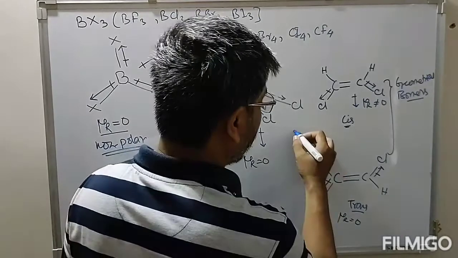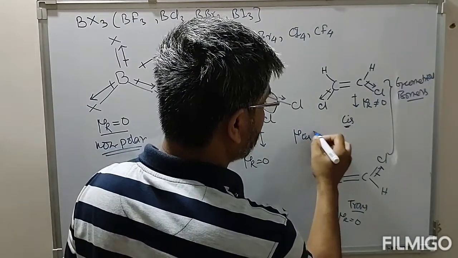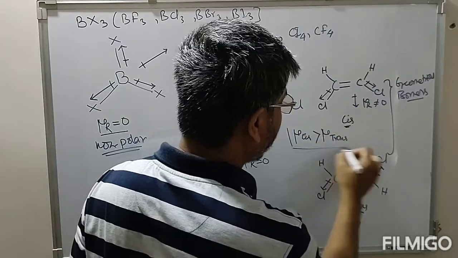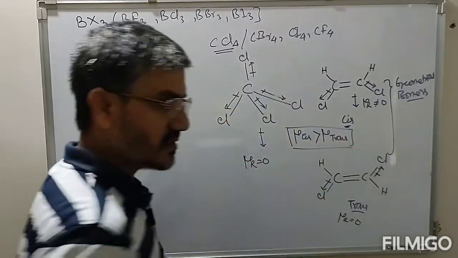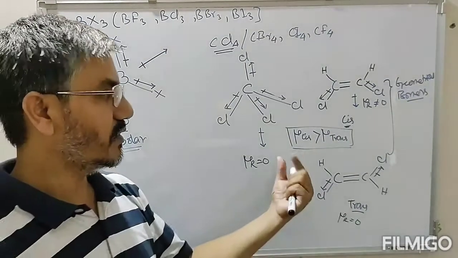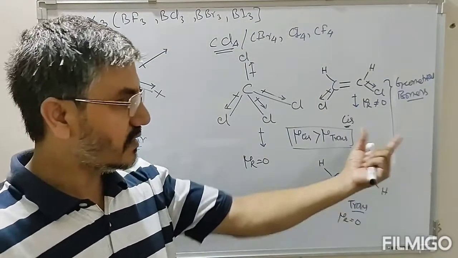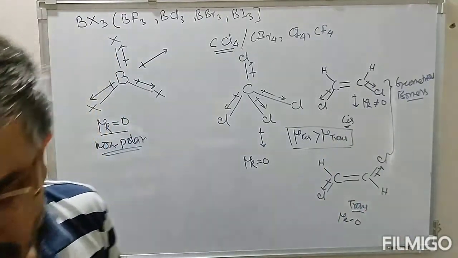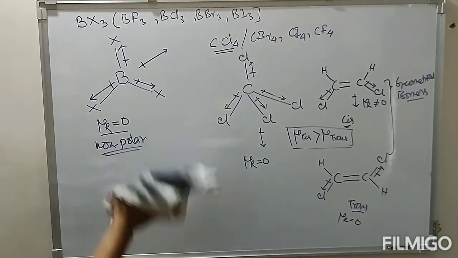So the dipole moment of cis will always be greater than the dipole moment of trans. So if we have to identify between cis and trans isomer, the one having the larger value of dipole moment will always be the cis, and the one having the smaller value of dipole moment will always be the trans.